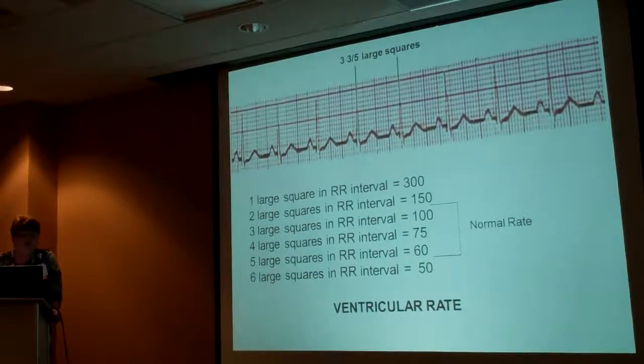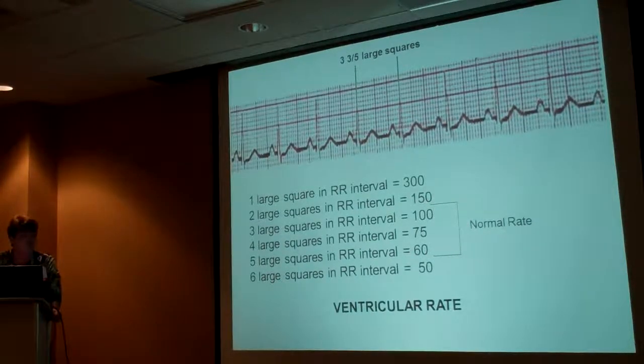Now notice a normal heart rate is between 60 to 100. So if you have between 3 and 5 large squares, your rate's going to be in the normal sinus rate.